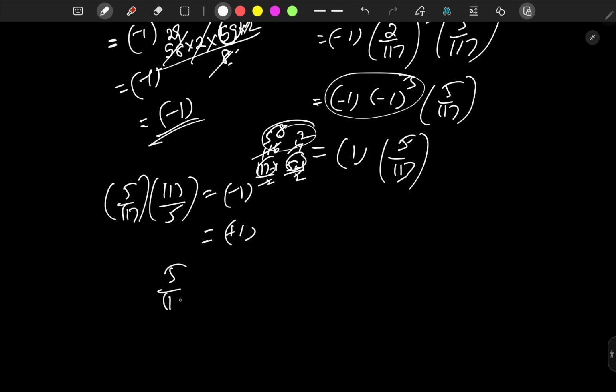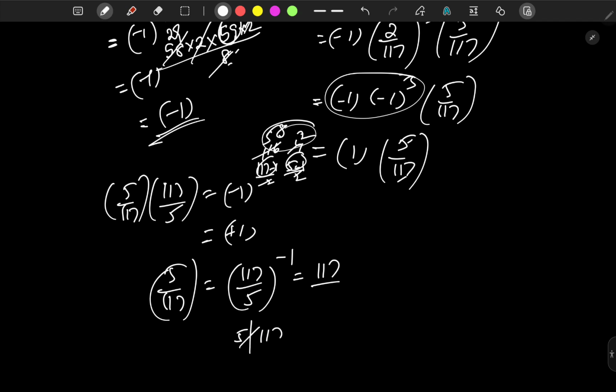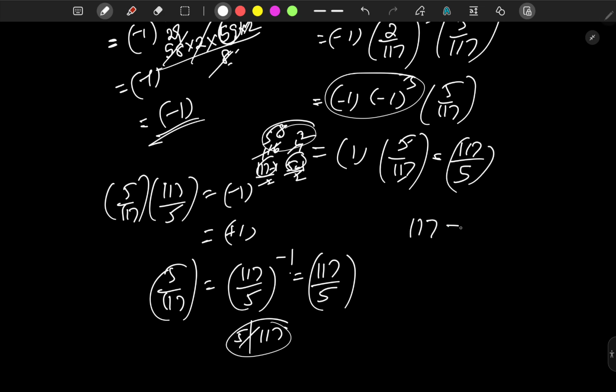So 5 by 117 equals 117 by 5 whole inverse. Since 5 doesn't divide 117, I can write this inverse as 117 by 5, and again 117 is congruent to 2 mod 5, so that means 2 by 5.